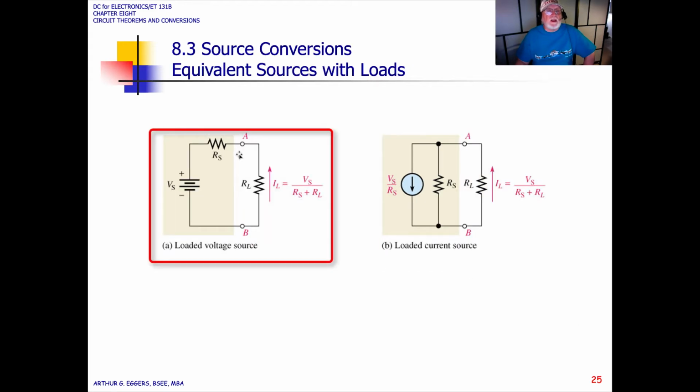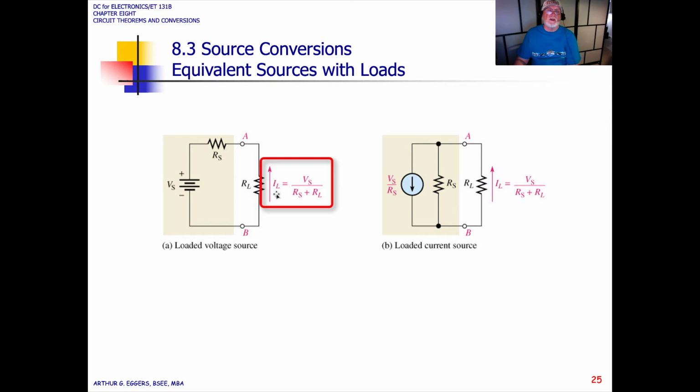So if we take a look at an example here with a load, we've got our voltage source with its internal resistance, and we have some load resistor attached to the output, so that we can now calculate what the load current is going to be from this practical source, a loaded source.